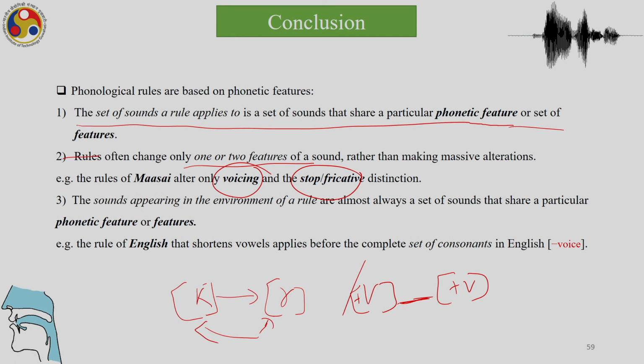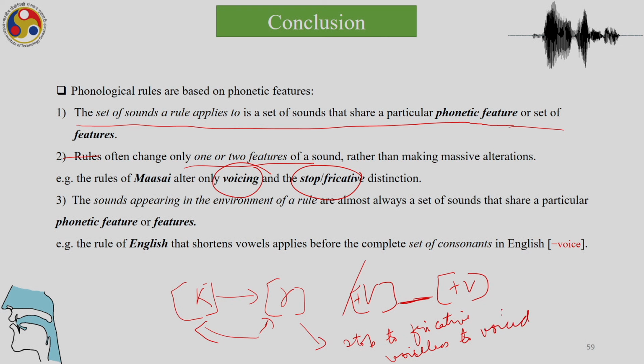Point number one. Point number two, rules often change only one or two features of a sound. And here, how many features have changed? It has changed two features. It has changed from stop to fricative, and it has changed from voiceless to voiced.